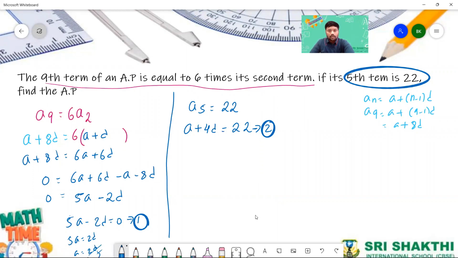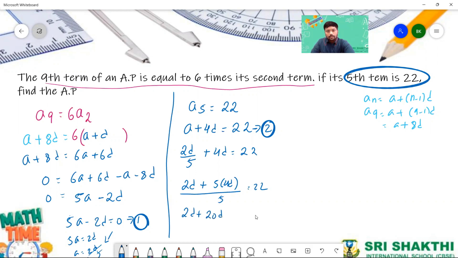In the place of a, I substitute 2d by 5 in equation 2: 2d by 5 plus 4d is equal to 22. Now if I take the LCM, I get (2d plus 20d) by 5 is equal to 22.